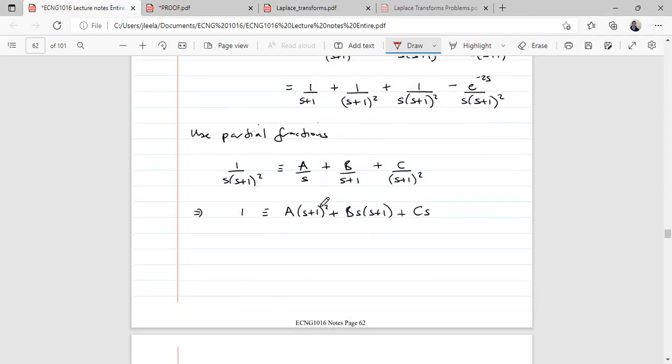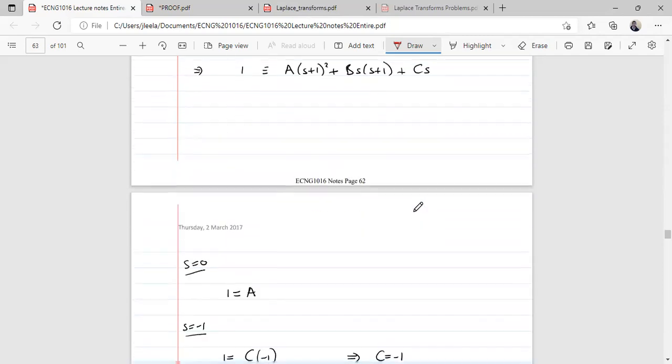And if you multiply throughout the equation by s times s plus 1 squared, you'll get 1 on the left, you'll get s plus 1 squared by A, you'll get Bs by s plus 1, and then you'll get C by s here.